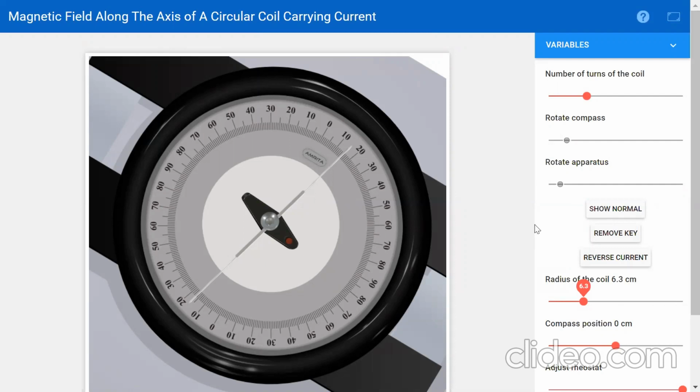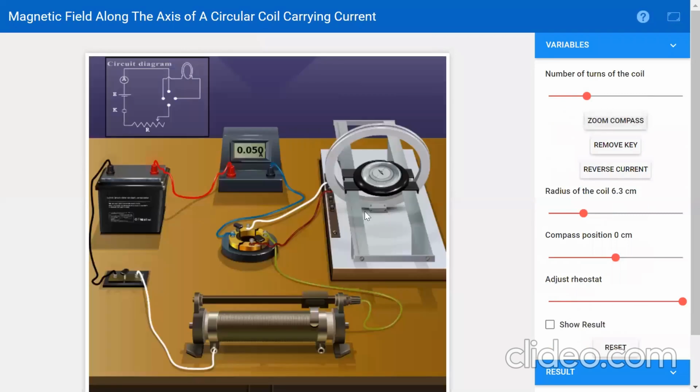Now the third and last part of the experiment. Set the radius of the coil to 6 centimeters, and now don't change these values. Adjust the rheostat to the minimum.